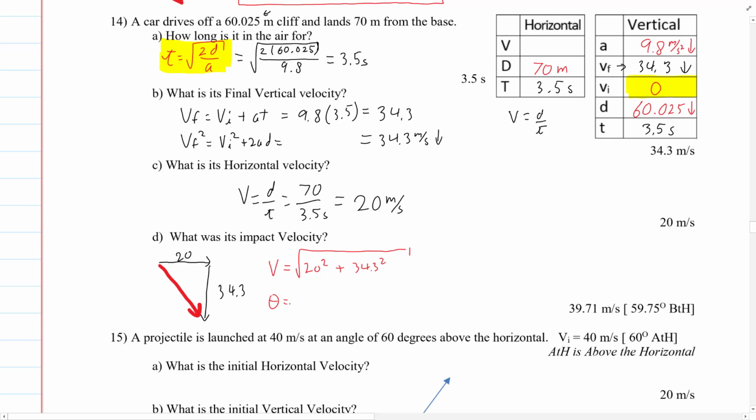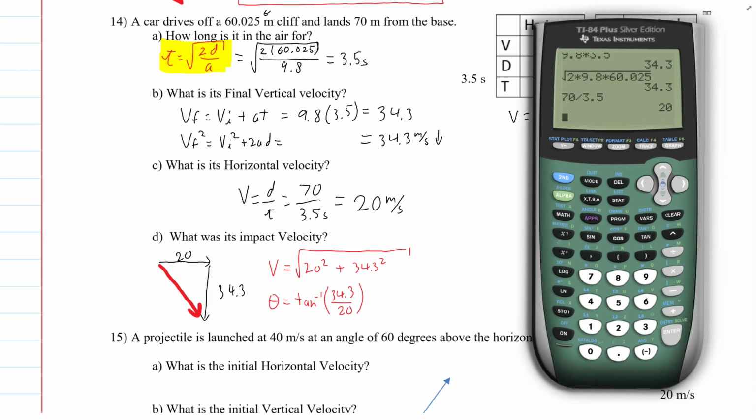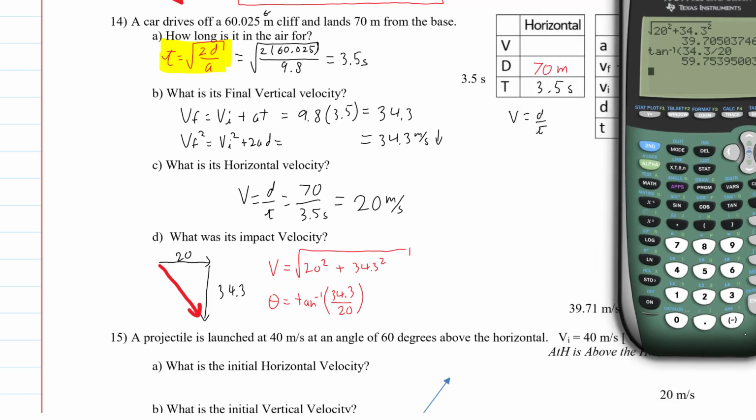And theta would equal the inverse tan of 34.3 divided by that 20. Let's just do that in one time with the calculator here. The square root of 20 squared plus 34.3 squared, and then inverse tan of the 34.3 divided by the 20. There's our numbers.